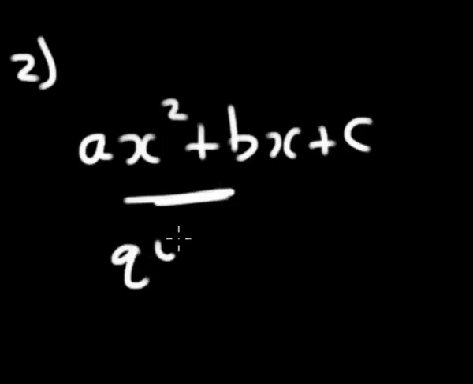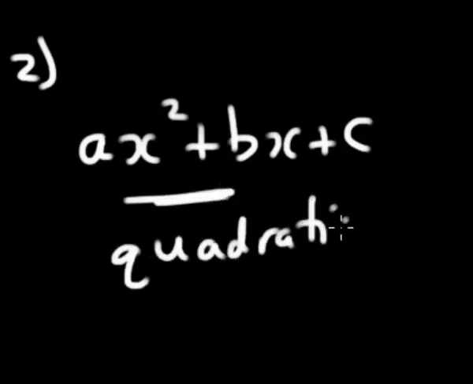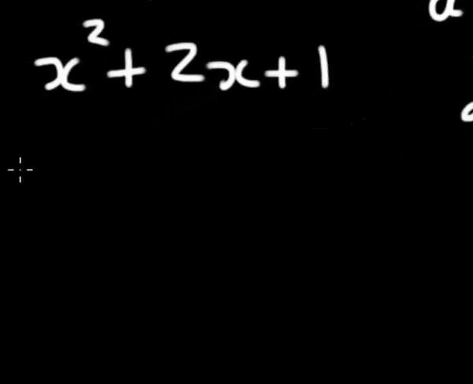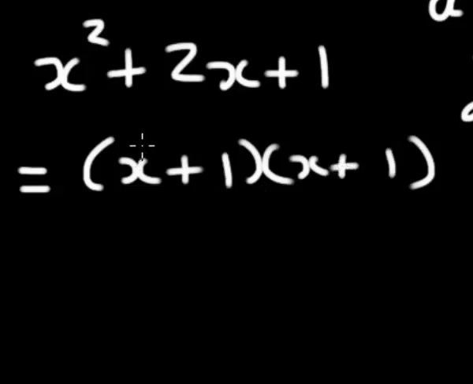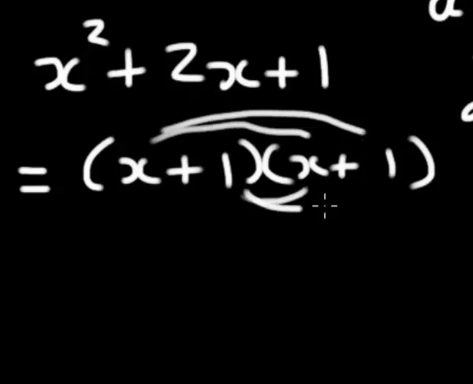Now, if we factorize this using grade 10 work, we've got an x and x. The signs must be the same, plus, and 1 and 1, because check it: x squared, 1x plus 1x is 2x, and 1 times 1 is 1.